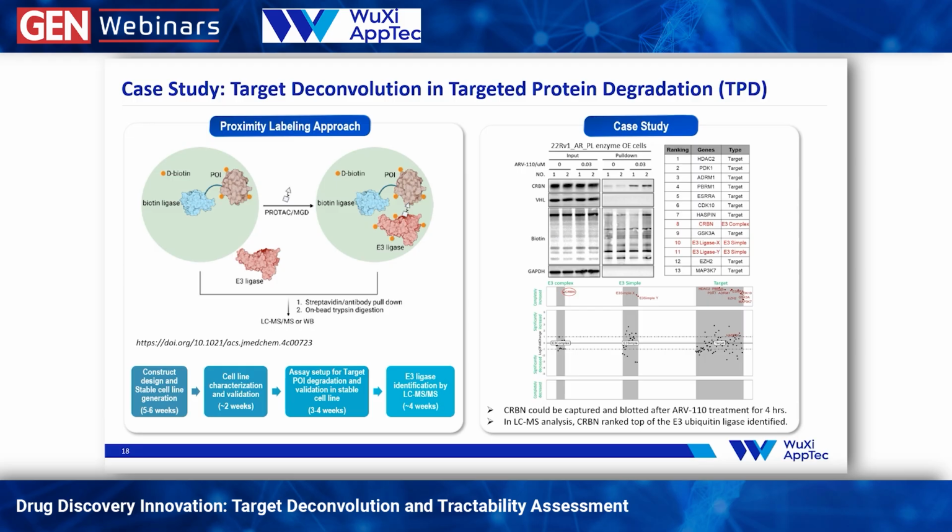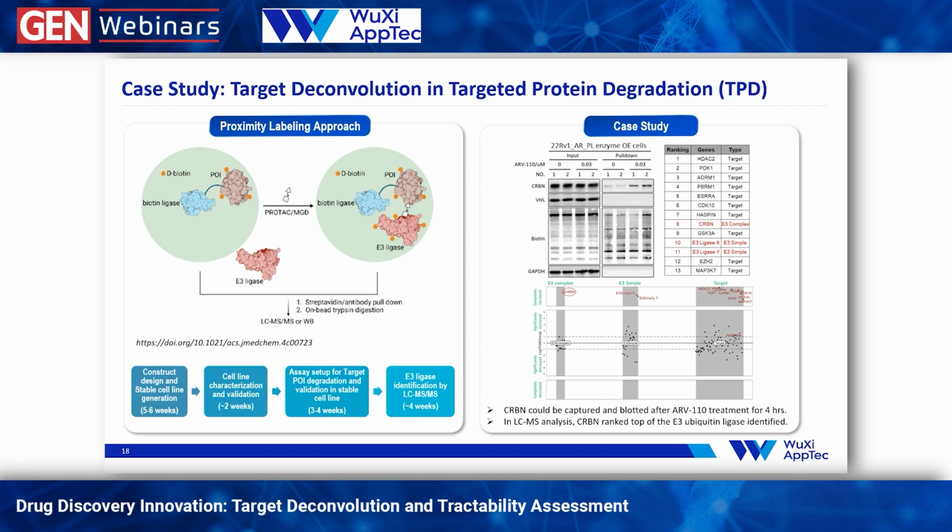So how are we going to use target deconvolution to deconvolute the potential E3s involved in these pathways if it's a cereblon-independent molecular glue? Basically, the first strategy you can use we call the proximity labeling approach. You construct a cell line with a fusion protein containing your protein of interest, but also a biotin ligase connected to it. This biotin ligase will biotinylate any binding partners that get close enough to the protein of interest.